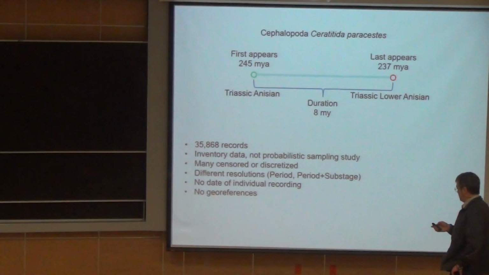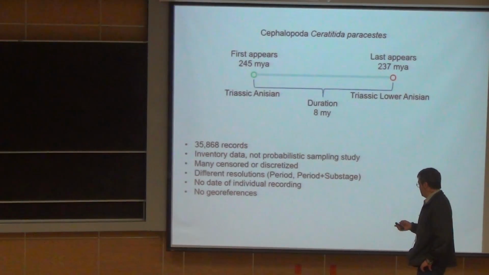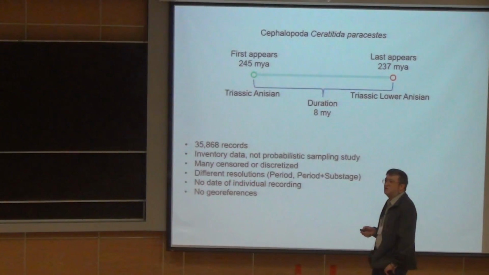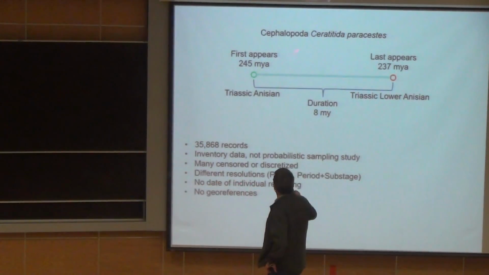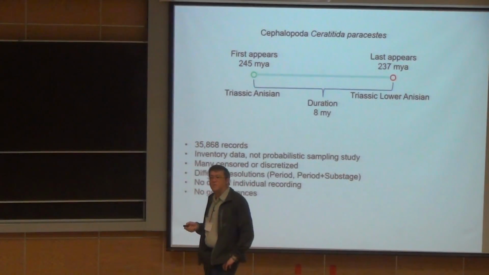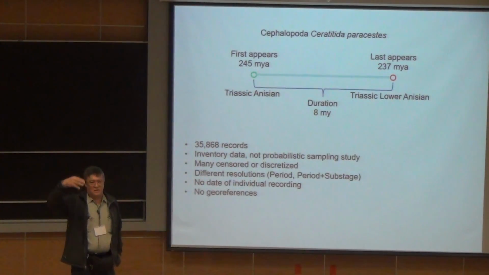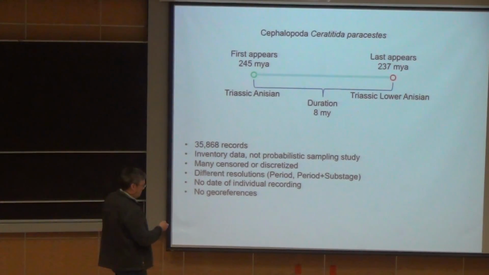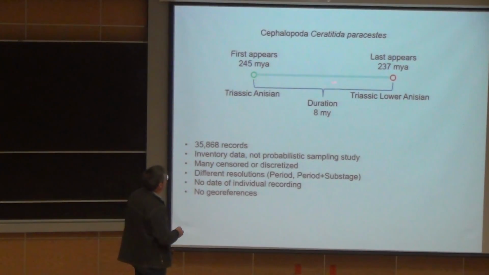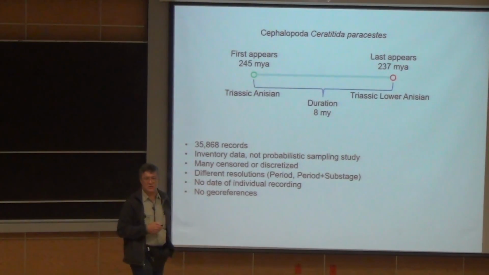That means that there's no notion of an individual date of this particular record being recorded, because this really represents all specimens which have been recorded and inserted into this encyclopedia. So we don't even know how many of these were found in order to establish these 2 dates.